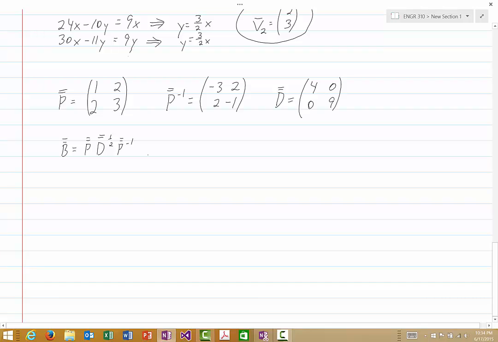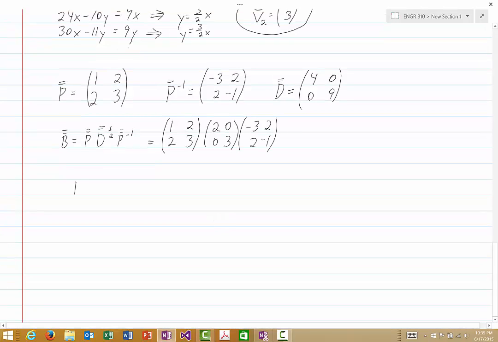And so this would become (1, 2; 2, 3), and then D to the 1/2 power. Since D is a diagonal matrix, it's easy to take its square root. You just take the square root of each term along the diagonal. So we get (2, 0; 0, 3). And then P inverse is (negative 3, 2; 2, negative 1).